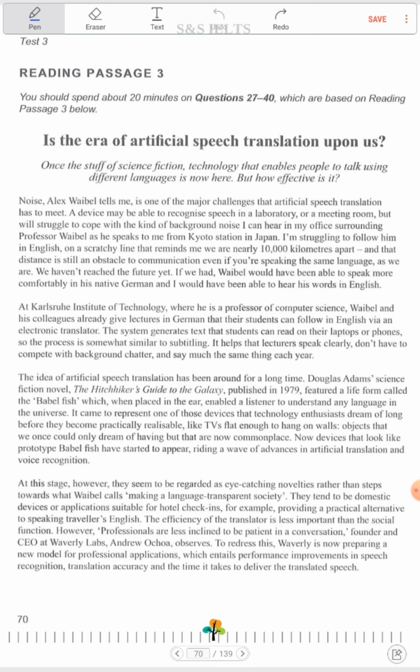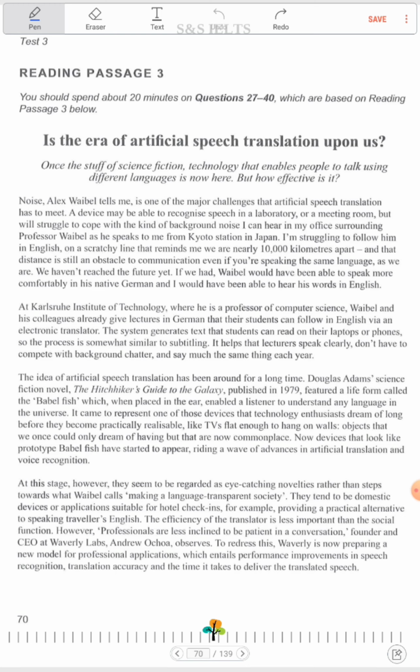So this difficulty is not due to the speakers communicating in different languages. Am I right? Is it because of communicating in different languages? Of course not. The difficulty was due to background noise, okay?